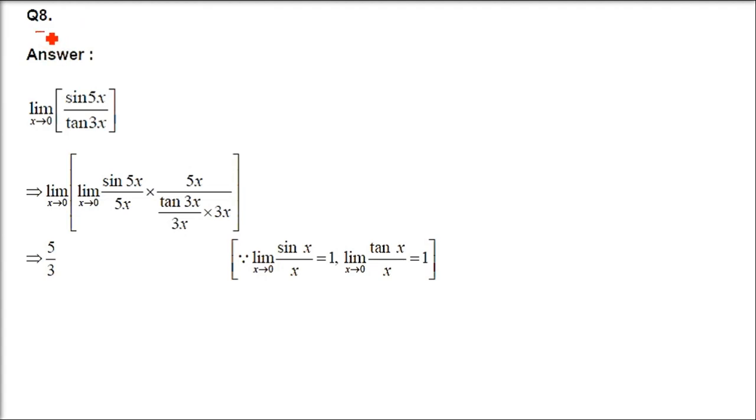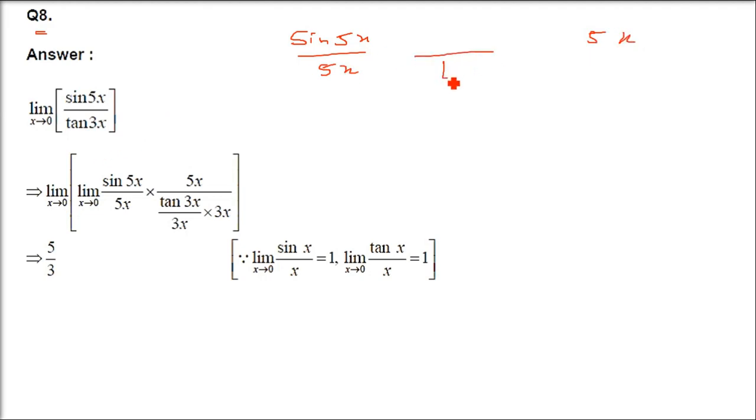Question number 8. So here you have limit x tends to 0, sin 5x by tan 3x. Okay. So sin x by x is 1 and tan x by x is equal to 1. Just remember that. So sin 5x and by 5x, and here you have 5x in the numerator.